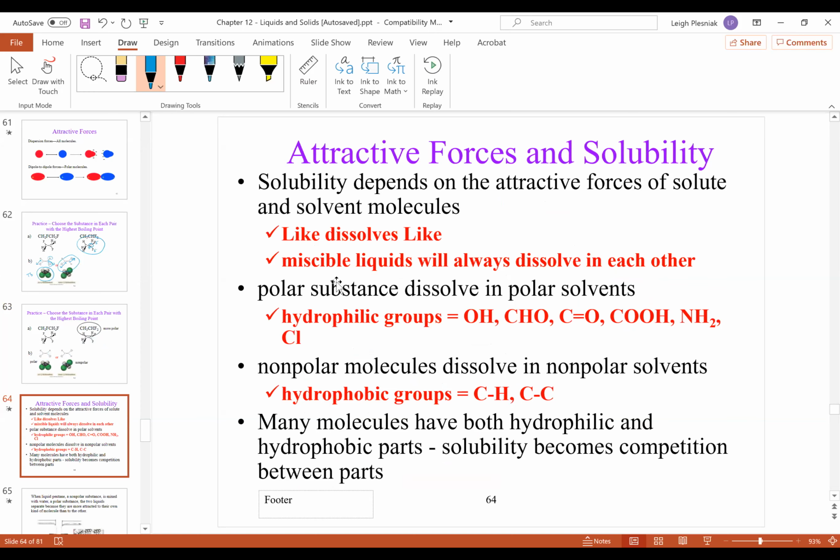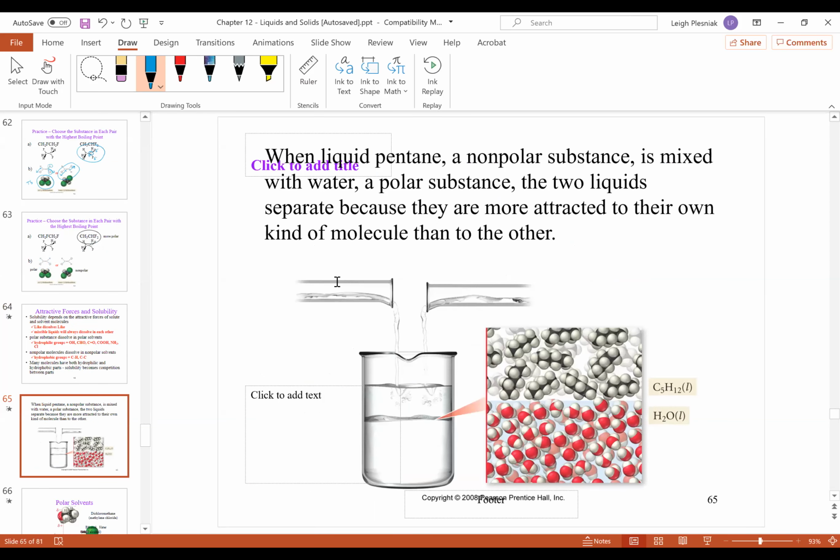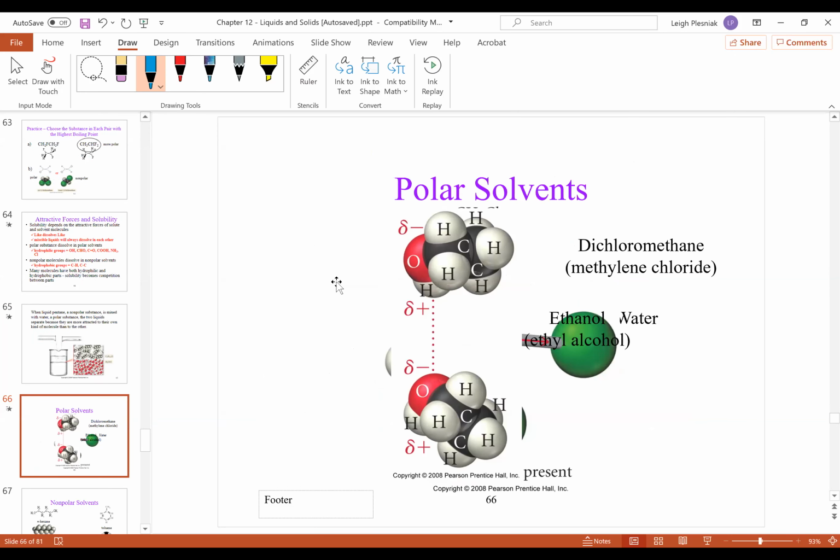The same things that contribute to higher boiling points, it's the same kind of logic to look at solubility. Remember, oil and water don't mix. Polar molecules dissolve in polar solvents, or are dissolved by polar solvents. So ethanol and water mix in all proportions, right? Absolute alcohol, what's the percentage on that?